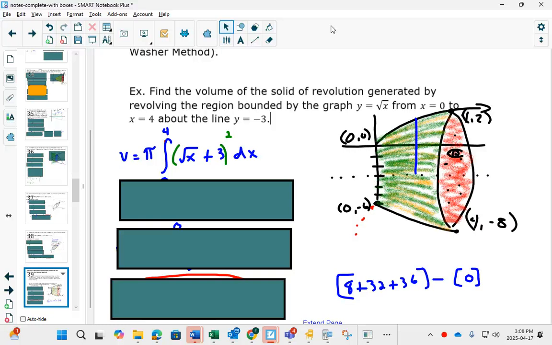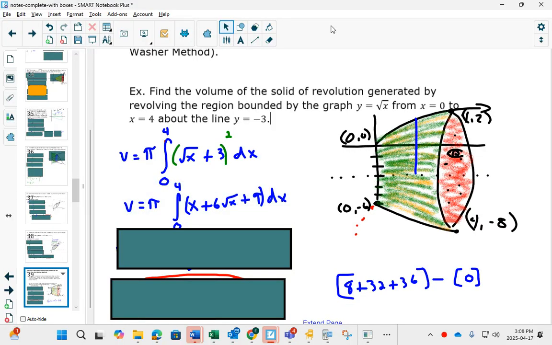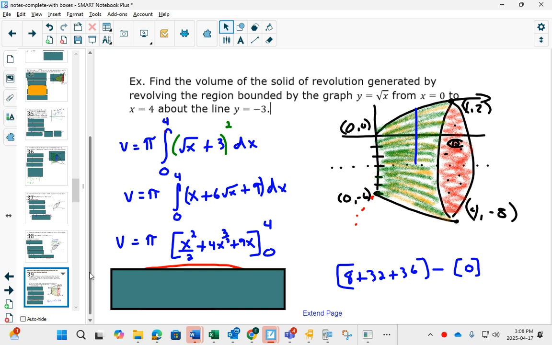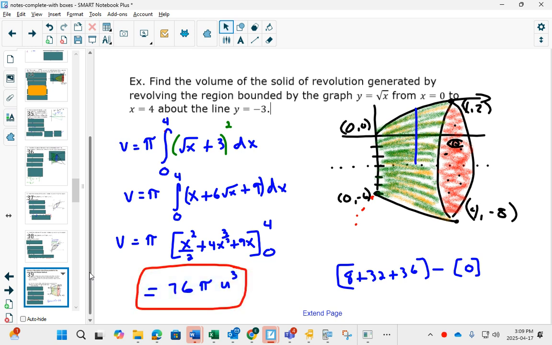If I square that, then you have to multiply that out, and each of those integrals are actually not hard to do. And the volume of our bloody watermelon is 76 pi units cubed.